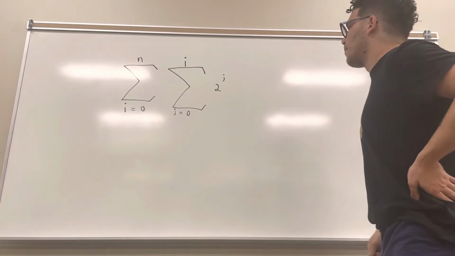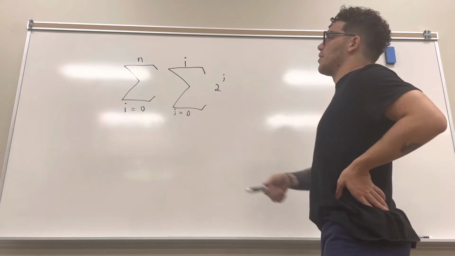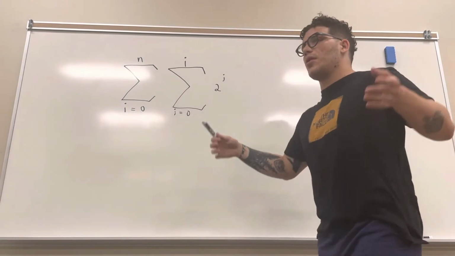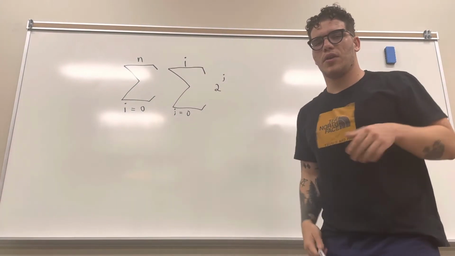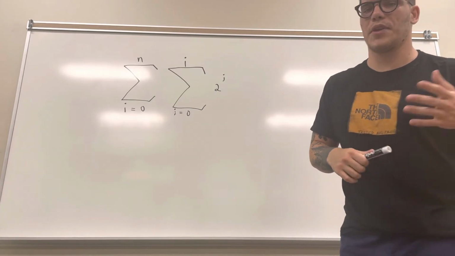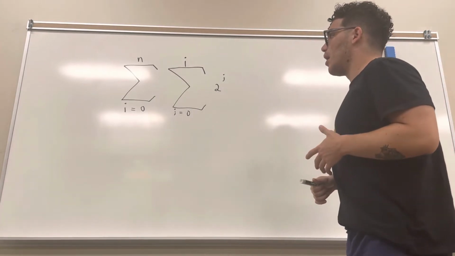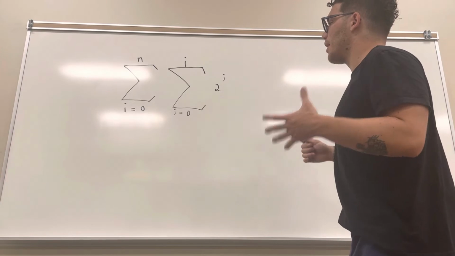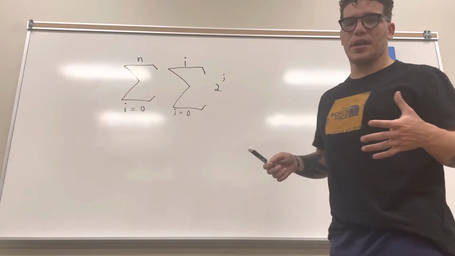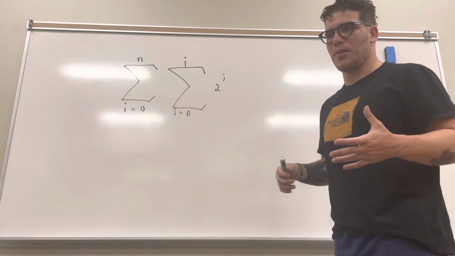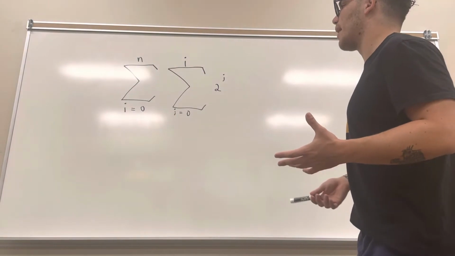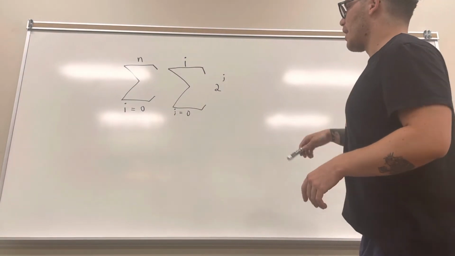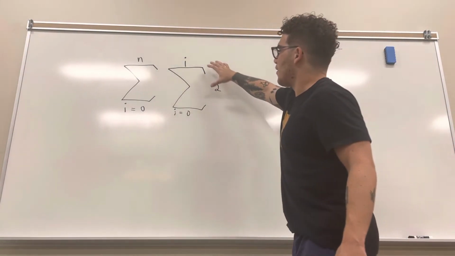So looking at the sum, we have two summations. Oh, and by the way, if you don't really know what a summation is, don't worry. If you haven't gone over it, your professor will go over it. But a way I like to put it is a summation is like a for loop in the language of math. So what do I mean by that? Think about the summation as a for loop.